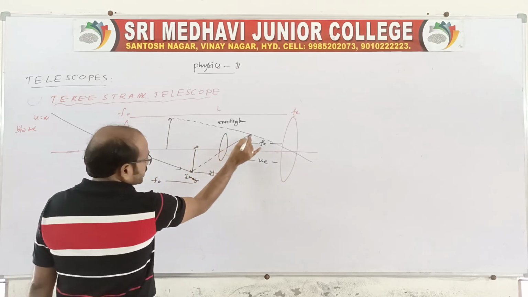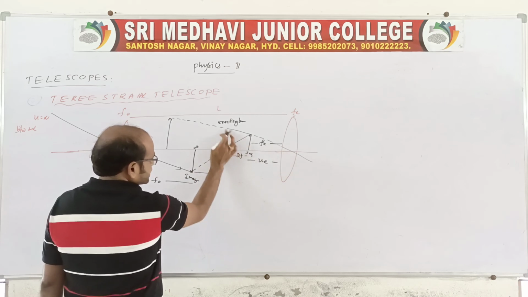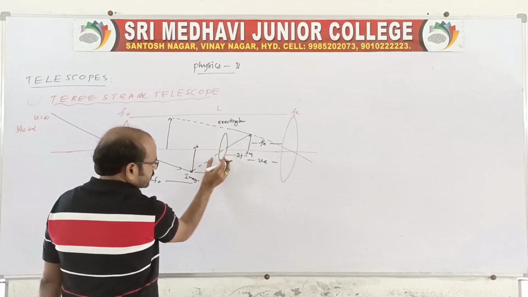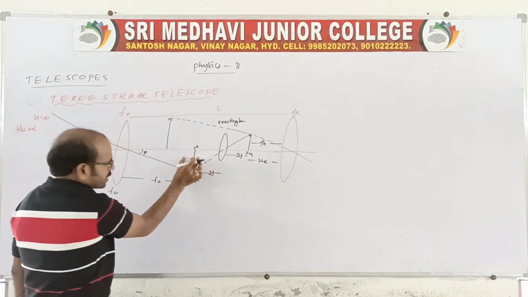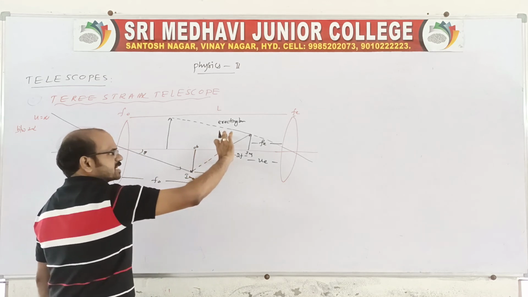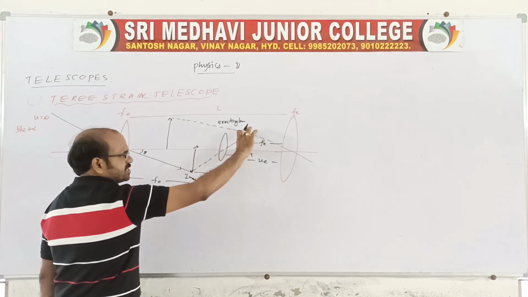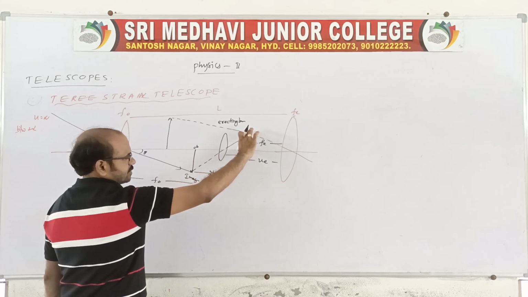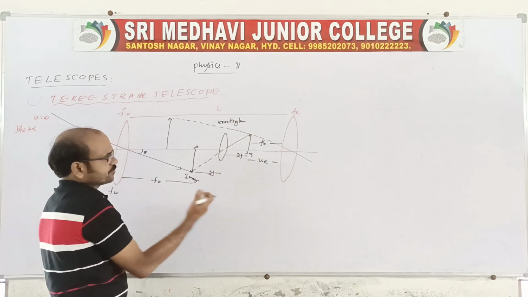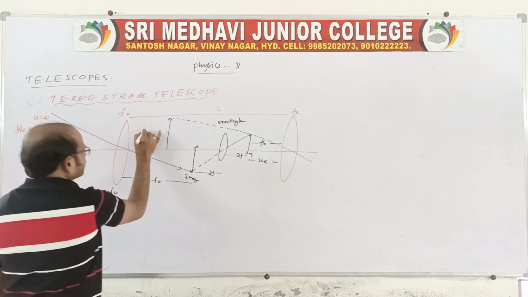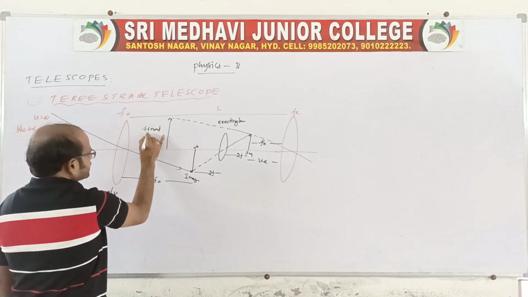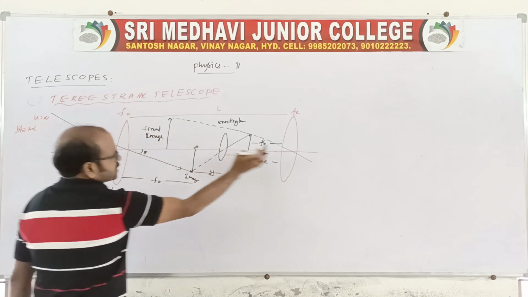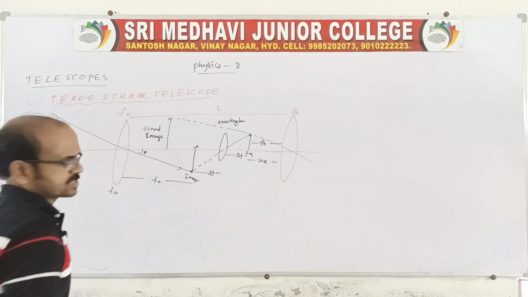This lens is correcting the image. The real inverted image is formed by this lens, so it is corrected, I mean to say erected, and the final image is formed. This is the final image formed by the eye lens.